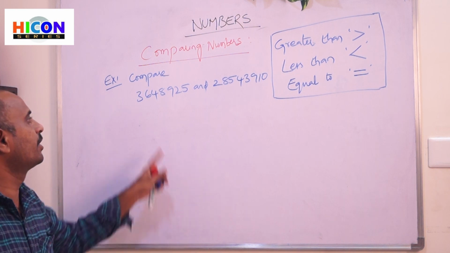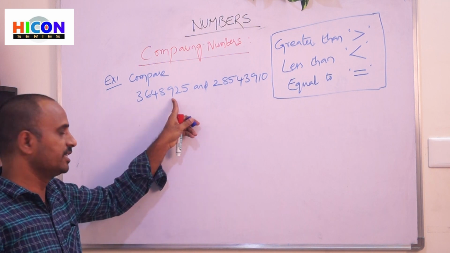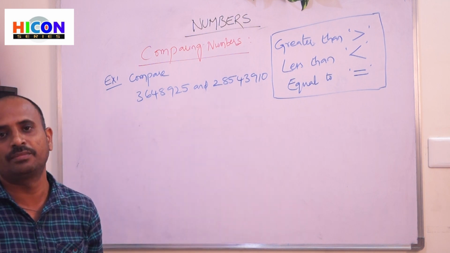These are the two numbers they have given. Now we have to compare these two numbers. That means we have to find which one is smaller and which one is the greatest number.